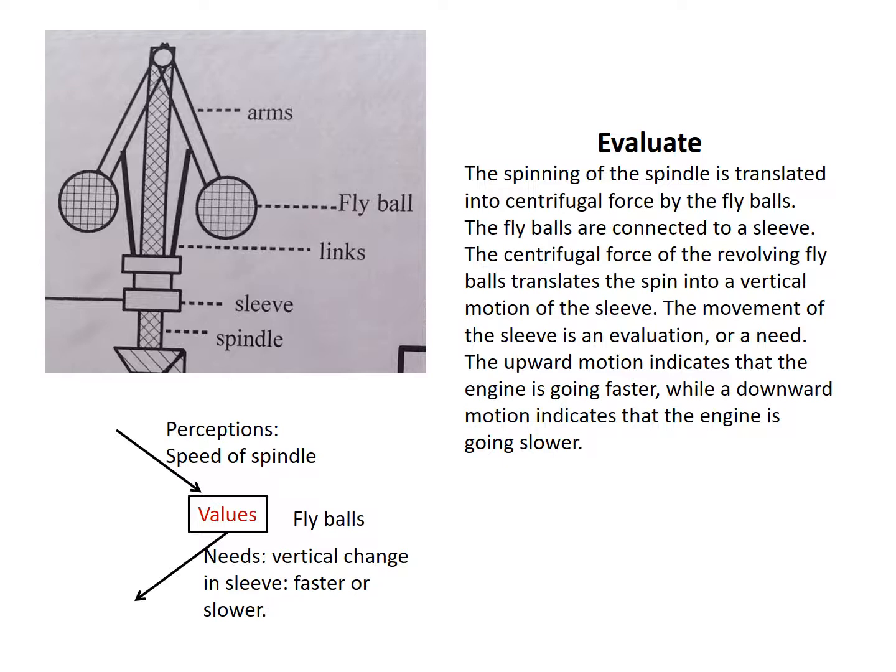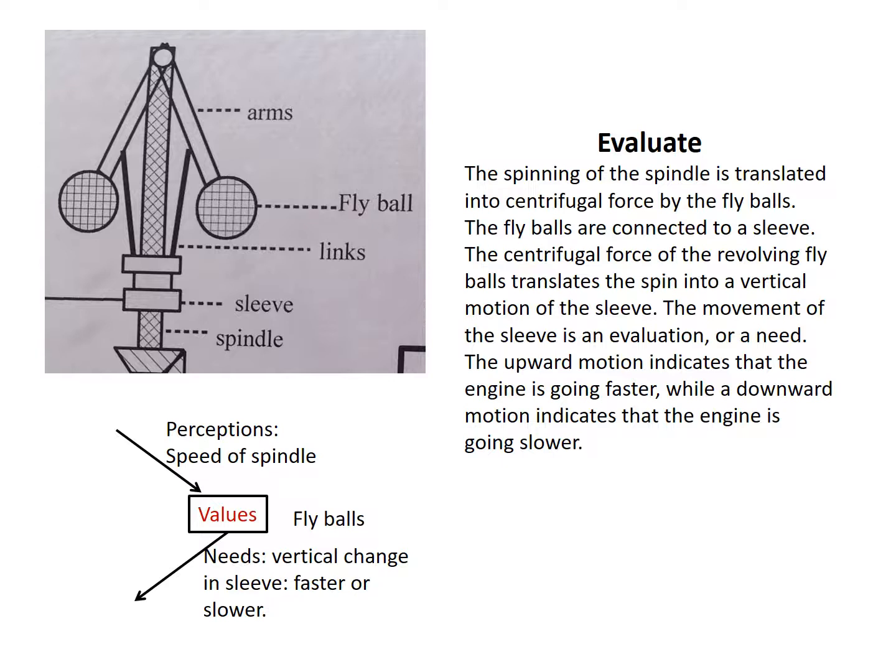The movement of the sleeve is an evaluation, or a need. The upward motion indicates that the engine is going faster, while a downward motion indicates that the engine is going slower. So below the picture of the fly balls and the sleeve, we see the schematic.